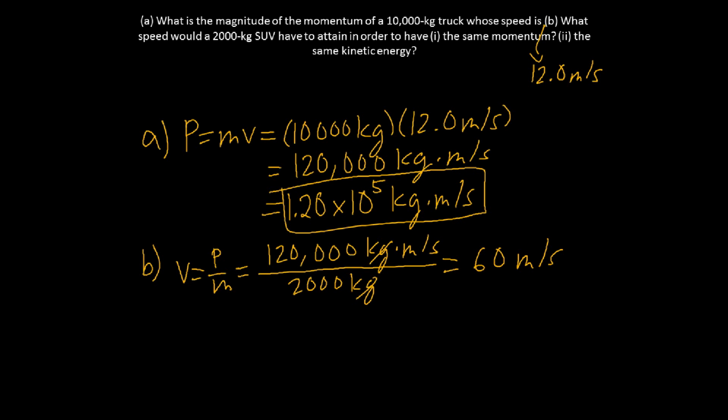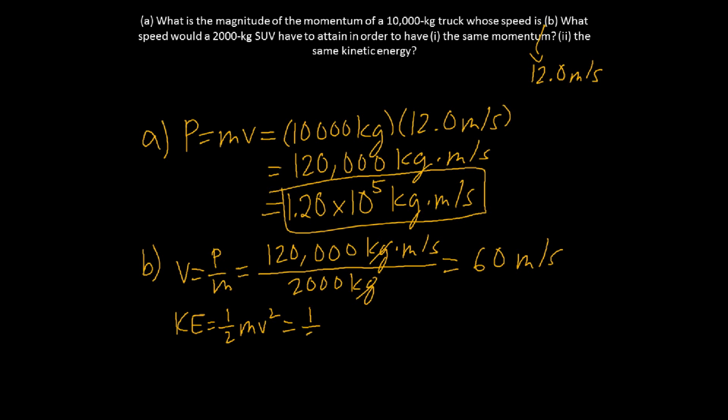Now, what about the kinetic energy? So first, we need to find the kinetic energy of the 10,000 kilogram truck. Okay, so K is always equal to 1 half mv squared, where m is the mass and v is the velocity.